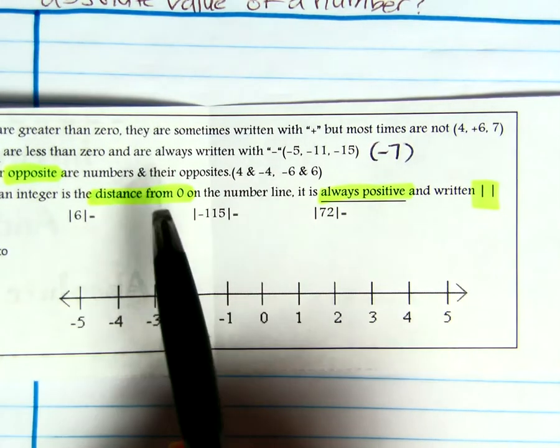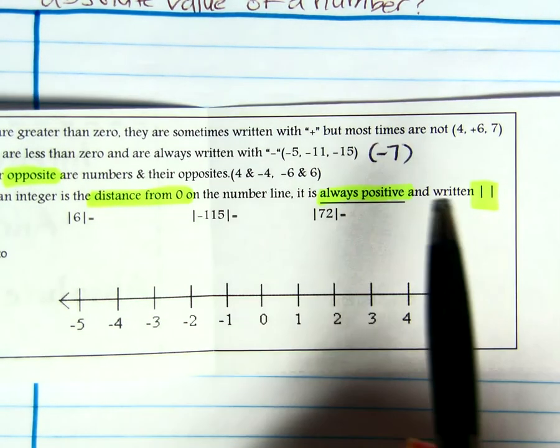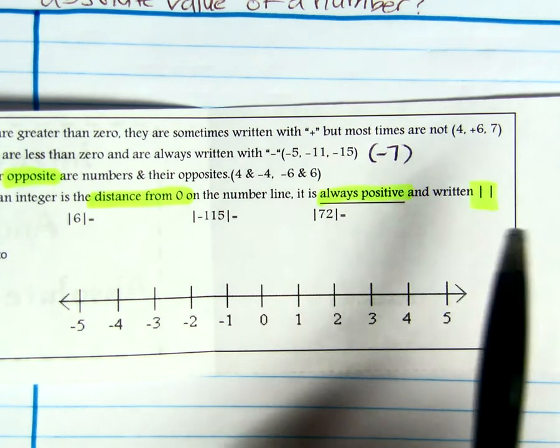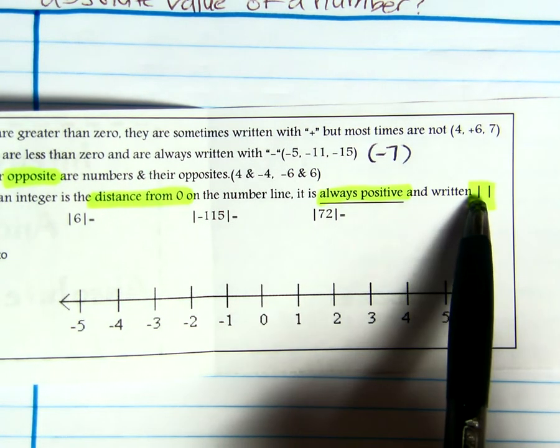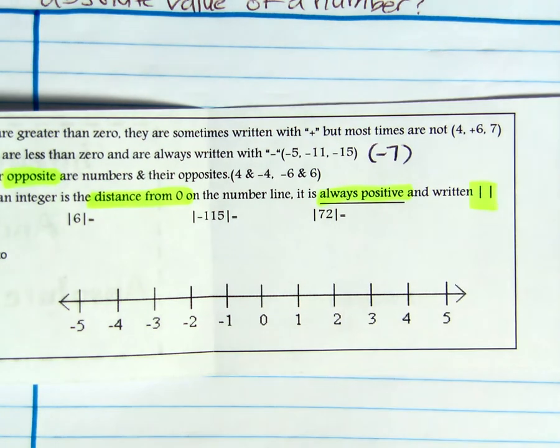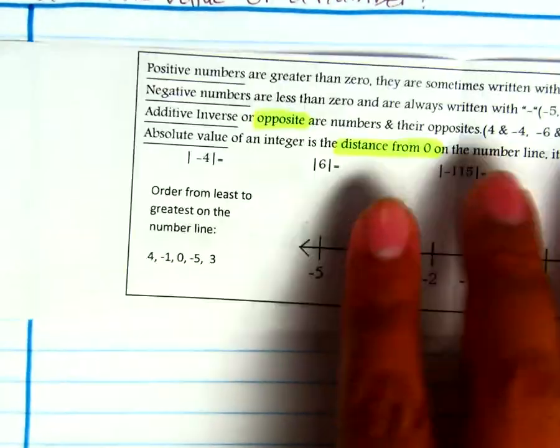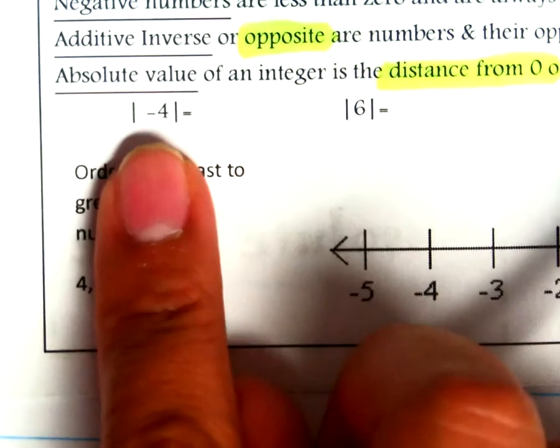Okay, so absolute value, it's the distance from 0. We're always going to get a positive answer. And we're always going to take the absolute value whenever we see those straight lines. So if you see those two straight lines, we're going to take the absolute value. So let's look at number 4. We're going to take the absolute value of negative 4 because there's those lines.